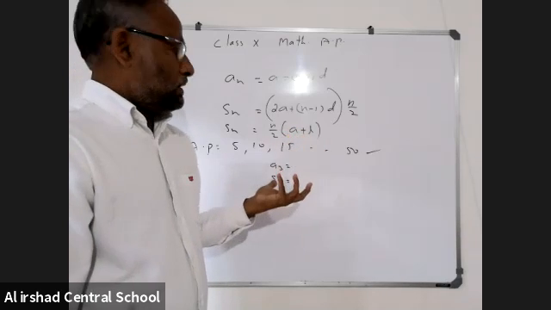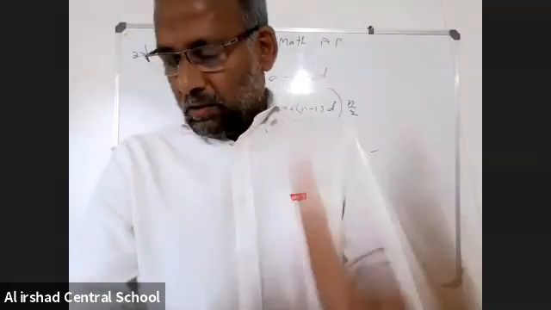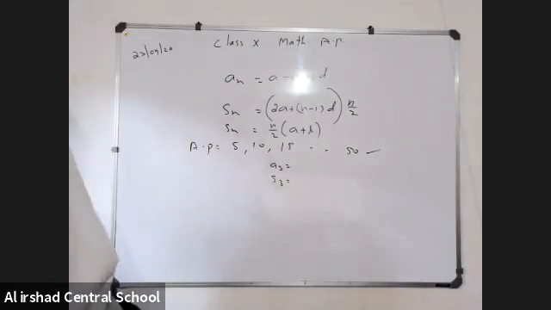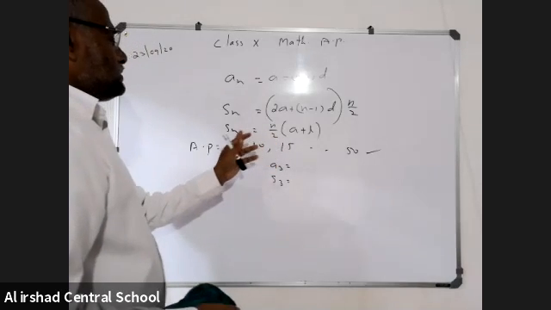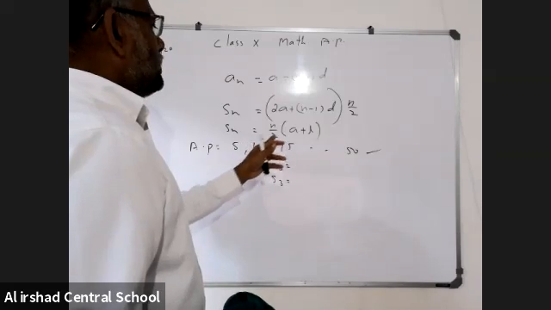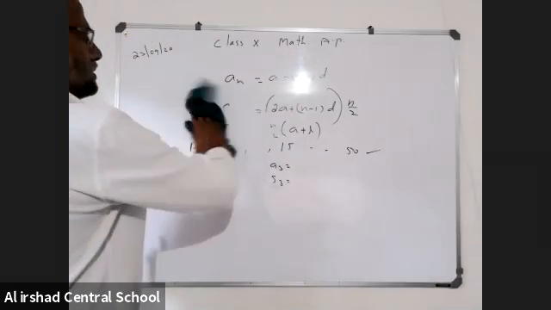But where is n, my dear? We want to find n first, using an is equal to A plus (n minus 1) into D. Then you can apply that. Okay, fine, you understood that.